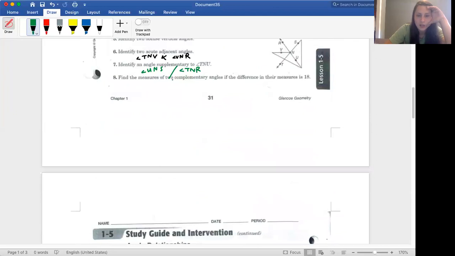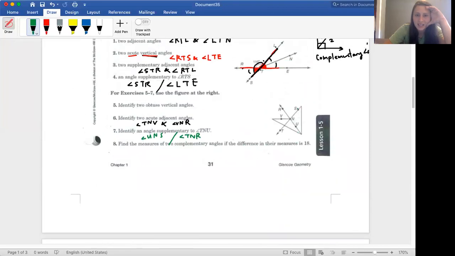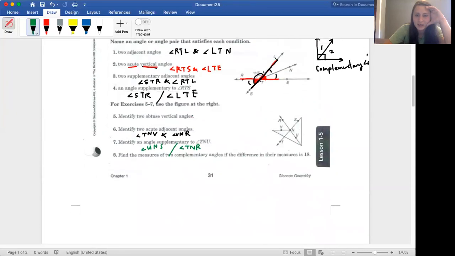All right, find the measure of two complementary angles if the difference in their measure is 18. Okay, so this has to do with our own kind of thought process.